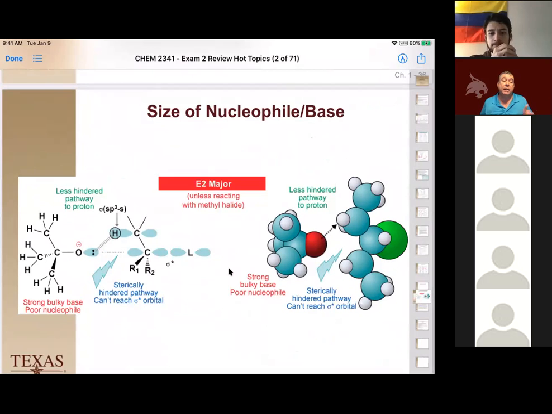If the nucleophile or the base is too big, we cannot use it in a substitution reaction. It's just too sterically demanding, especially on substrates that are secondary or tertiary. You can't get those two molecules close enough to start to form that bond. Therefore, they tend to act as bases and form E2 products.